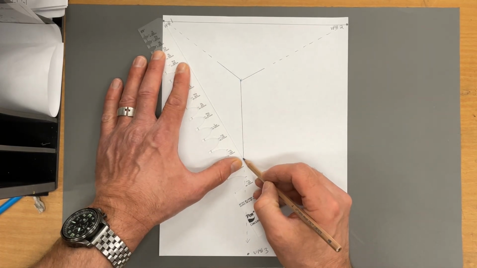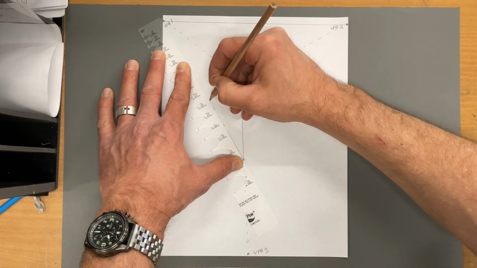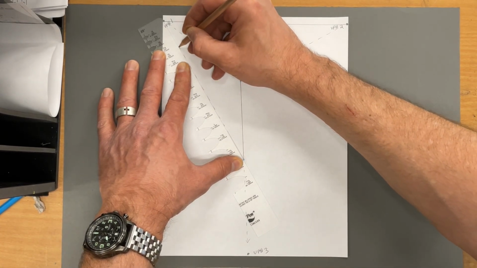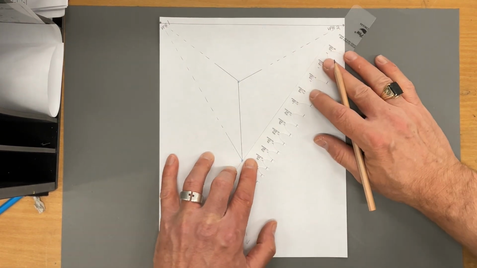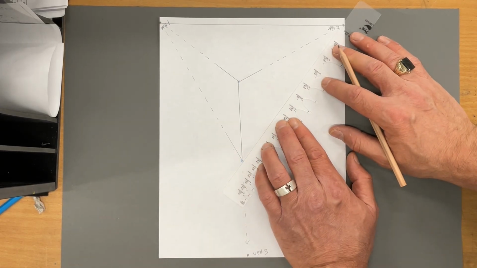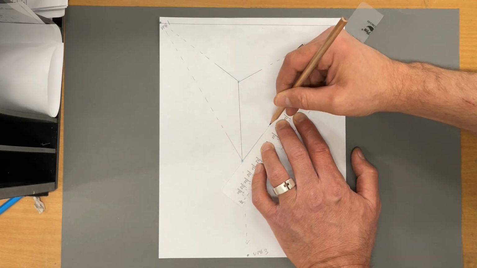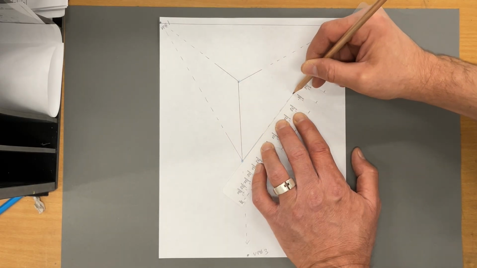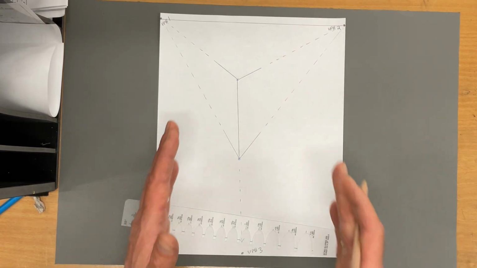Go ahead and draw your receding lines back to vanishing point number 1. Then we're going to draw a receding line back here to vanishing point number 2, okay? Now the part that people get a little bit thrown off by is the sides.